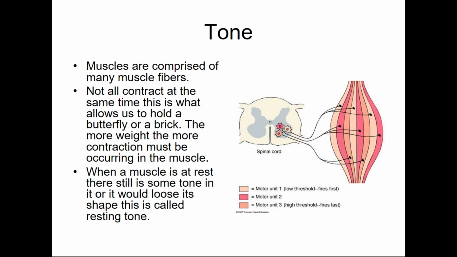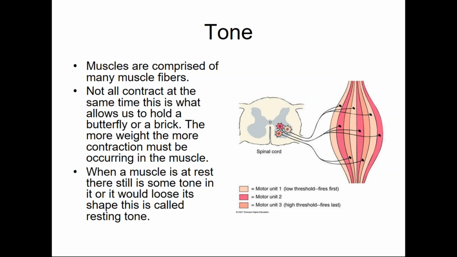So the next thing we need to have an understanding of is tone in a muscle. Tone is defined as the amount of contraction that is sustained in a muscle to allow it to maintain its shape and general function. The amount of tone in a muscle needs to be stabilized in order for the muscle to maintain its shape and be prepared to be called upon for action.